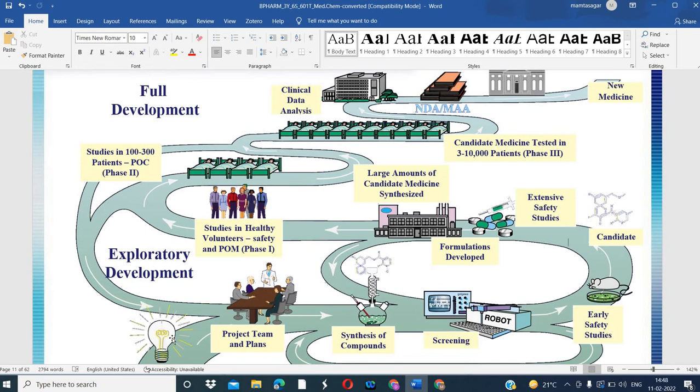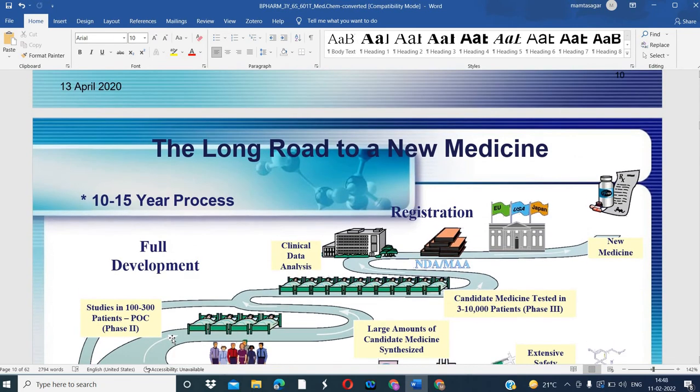We start from, okay, here you can see the registration process, new medicine. This is a long process actually, how a new medicine comes, if we want to design a new drug. We can't do any registration, and it takes a lot of time if you are working. So clinical data analysis, these are the steps.